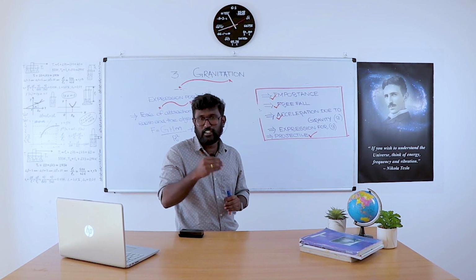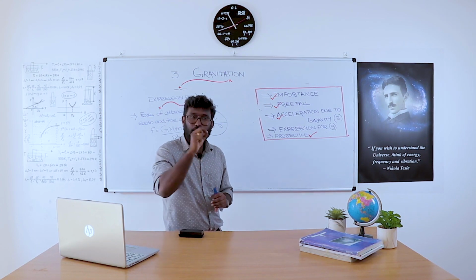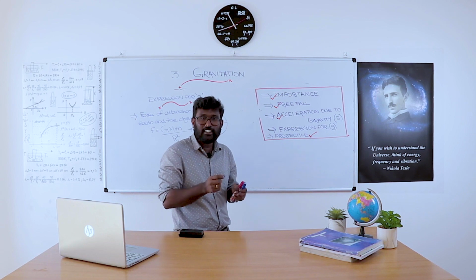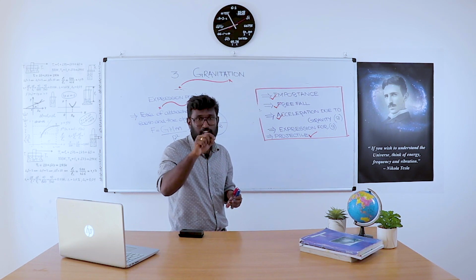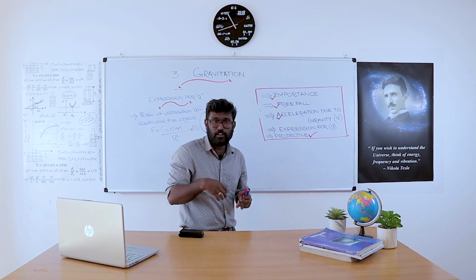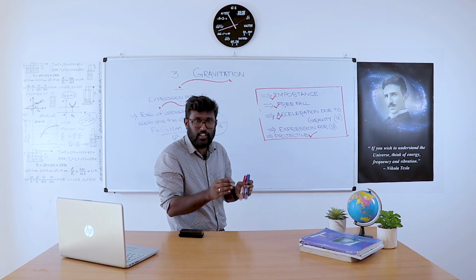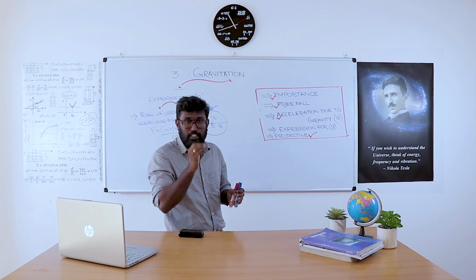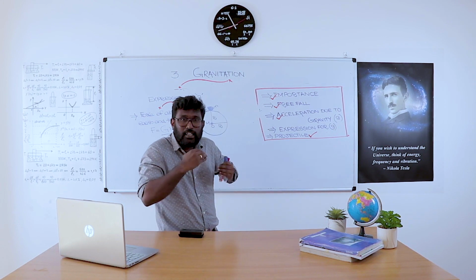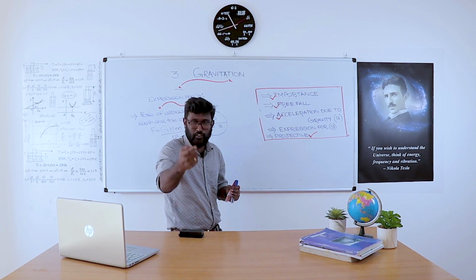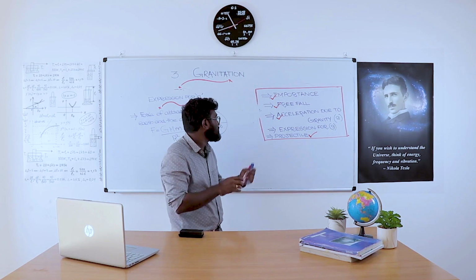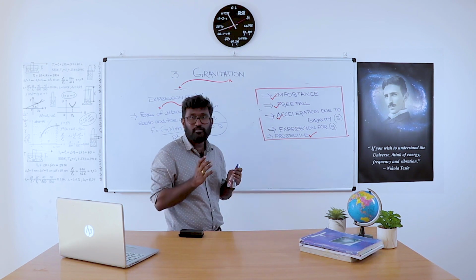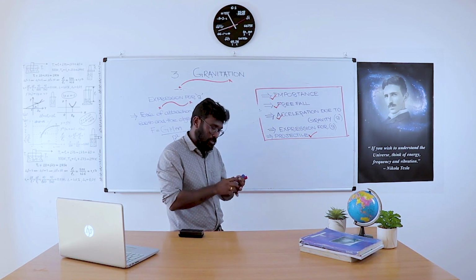W is equal to the mass of the particle into acceleration due to gravity at that place. That is mg. mg is the equation for weight. So we can say that weight is simply force. Why? Because the force exerted by earth on an object is called weight.